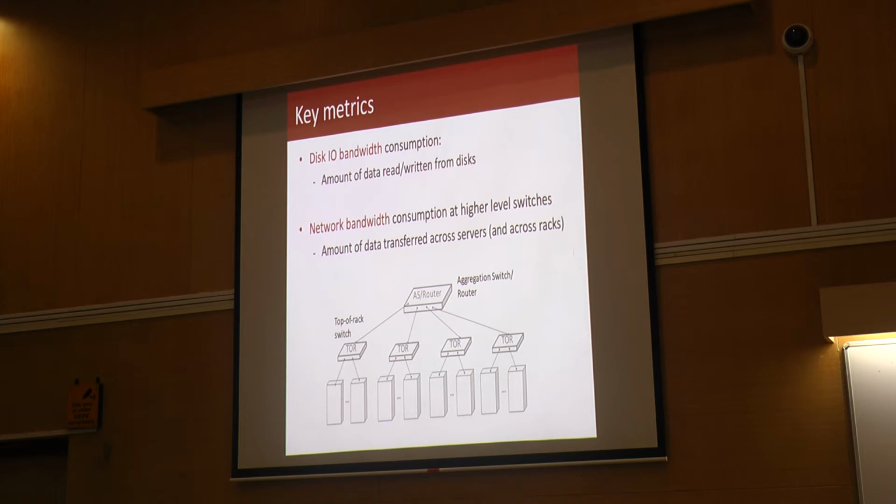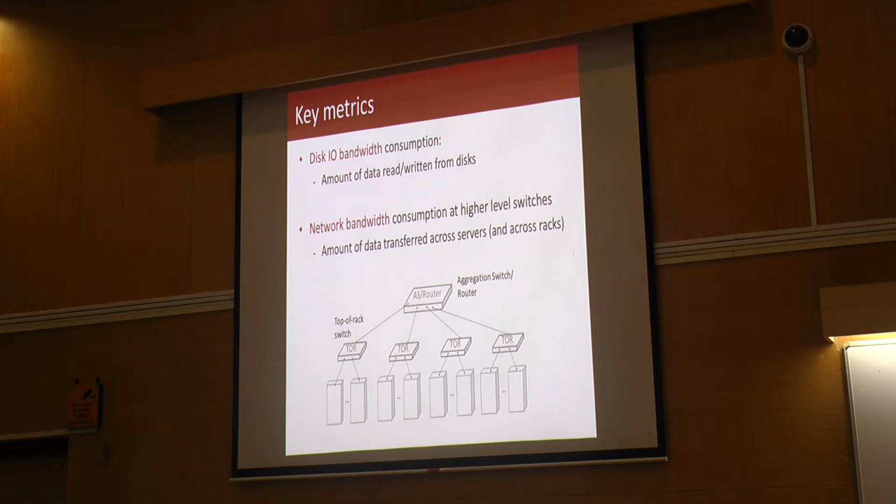So basically what that means is, the link down here could be, for example, a 1 Gbps network link. And you could have, let's say, 40 servers under one top-of-rack switch. But the bandwidth for the link going out of this top-of-rack switch can be only 10 gigabits per second.